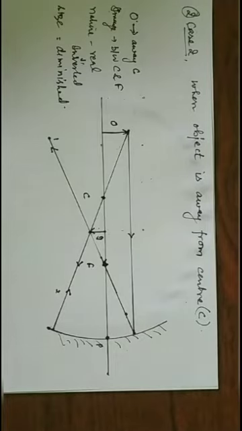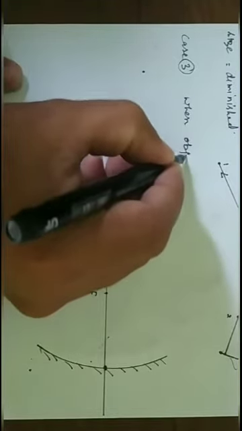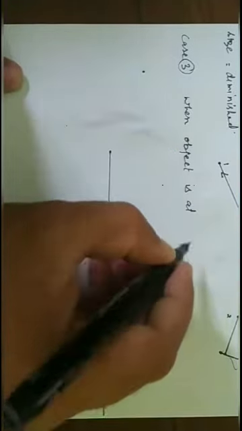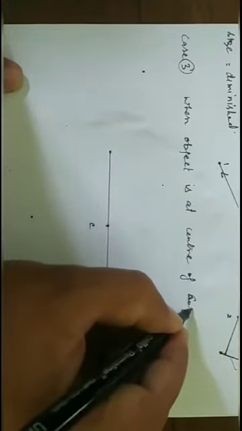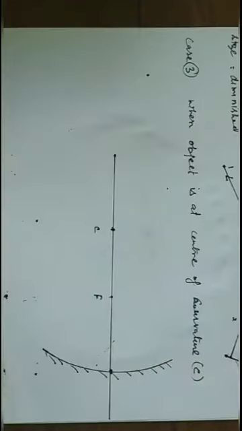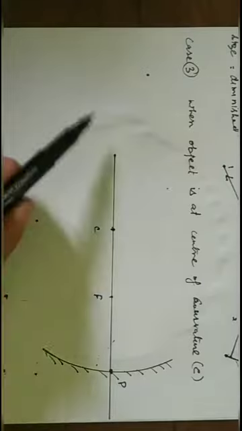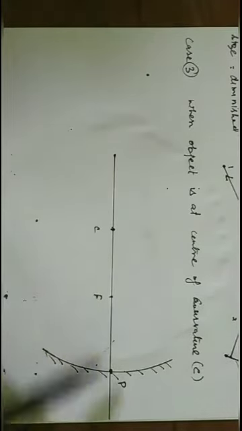Now let us discuss the third case, when the object is at the center of curvature, that is C. Here this is my concave mirror, the center of aperture is the pole. The line passing through C and P is known as the principal axis.